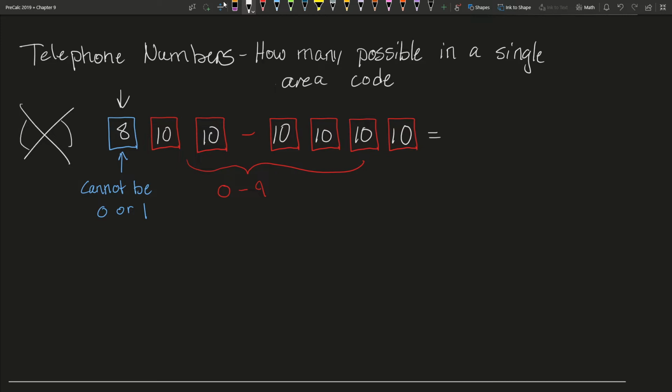If we do that, we have 8 times 10 to the 6th, which means there are 8 million different possible telephone numbers within a single area code.